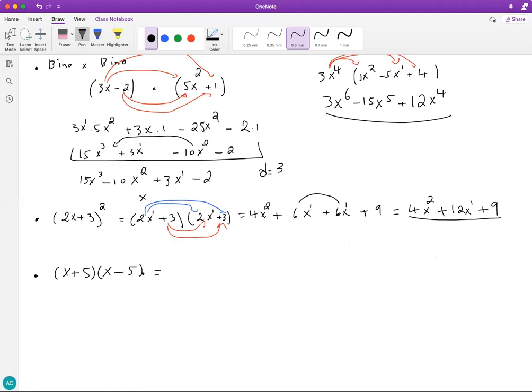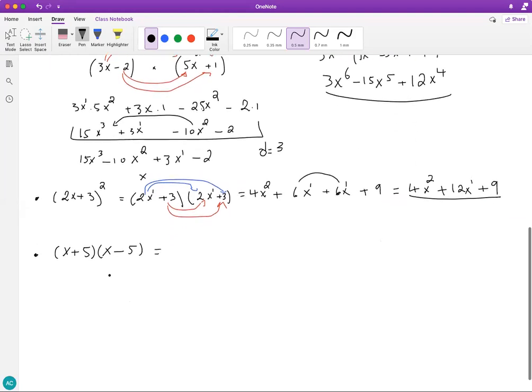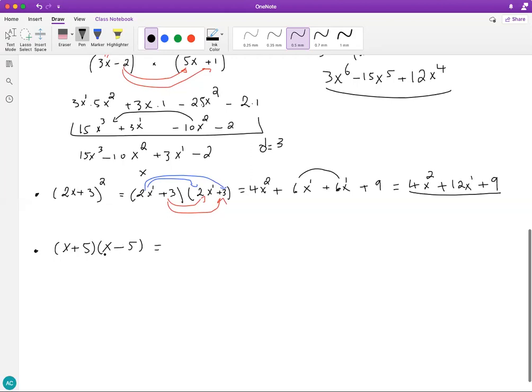So, as we said here, we have a binomial times a binomial. Something interesting is going to happen here. It's kind of like these, binomial and binomial, but this one is a lot more special because it looks like the same thing, but instead of a plus, we have a minus. So what do you do? I go x to the second, then x times -5, negative 5x.